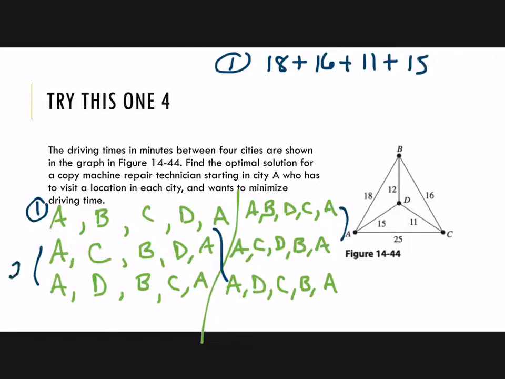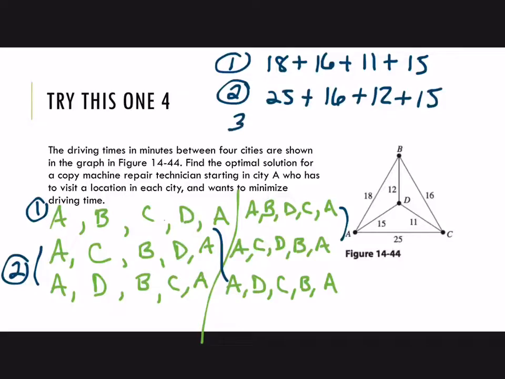Then I have this pair down here. These two are going to have the same weights. AC is 25, CB is 16, BD is 12, and DA is 15.